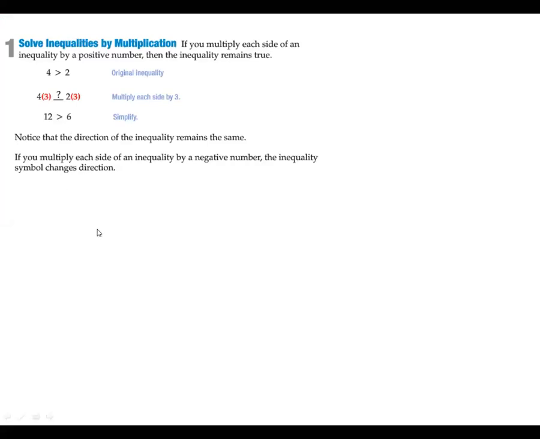If you multiply each side of an inequality by a negative number, watch this. If I have 7 is less than 9, that is true. But if I multiply both sides by negative 2, that would give you negative 14 and negative 18.